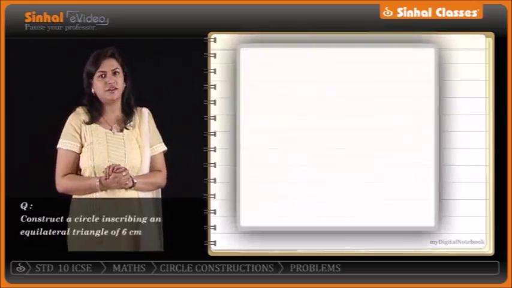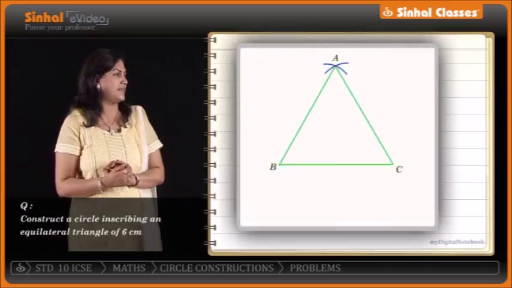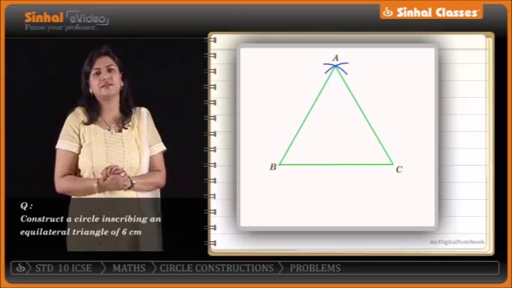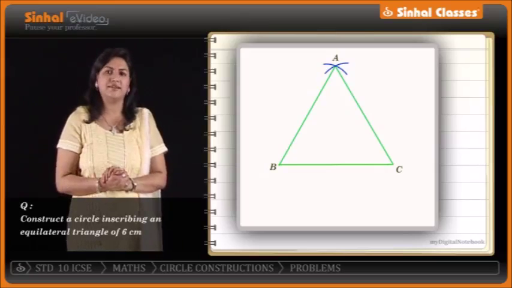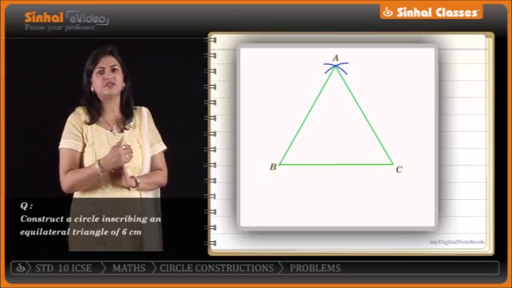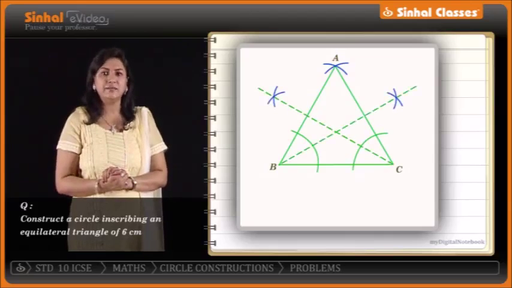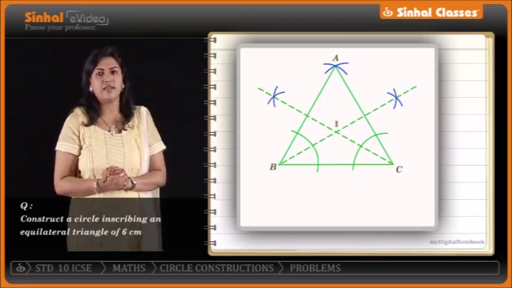So here first we will draw an equilateral triangle of side 6 centimeter. Now we want to inscribe a circle in this triangle. So we will draw the angle bisectors of angle B and angle C. Let them meet at the point I.